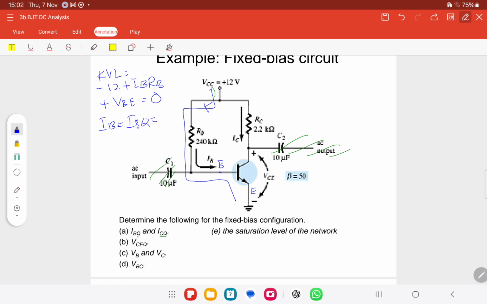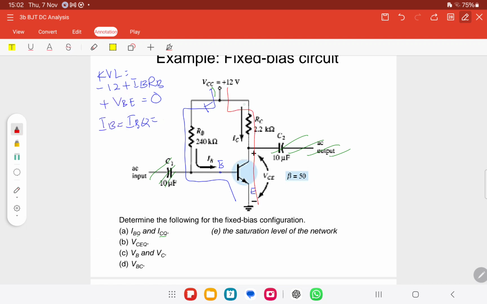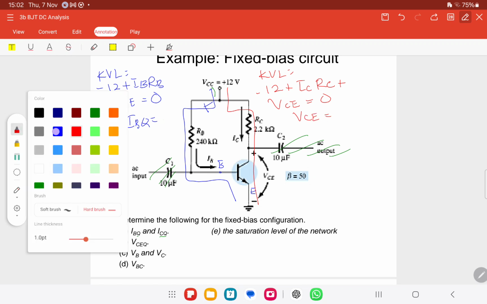Okay, can you get it? Let's do the second path. Go here, straight down. KVL 2: minus 12 plus IC RC plus VCE equals 0. No need to write plus VE, it's fine, because it's 0. So get me the value of IB and VCE.